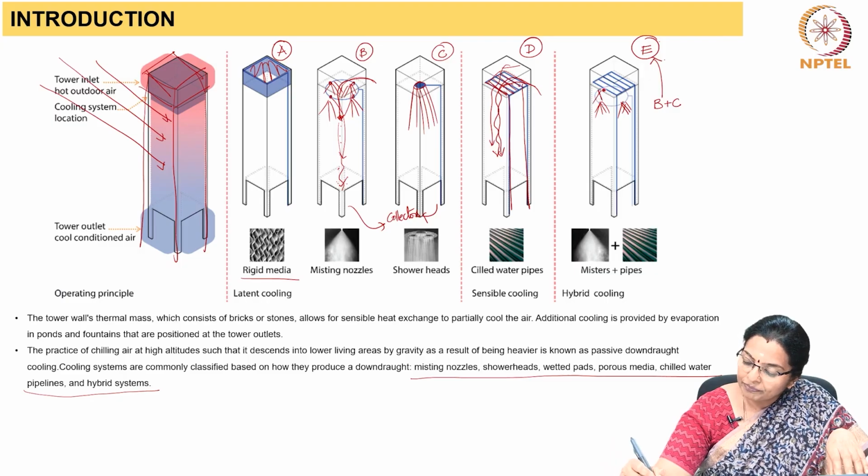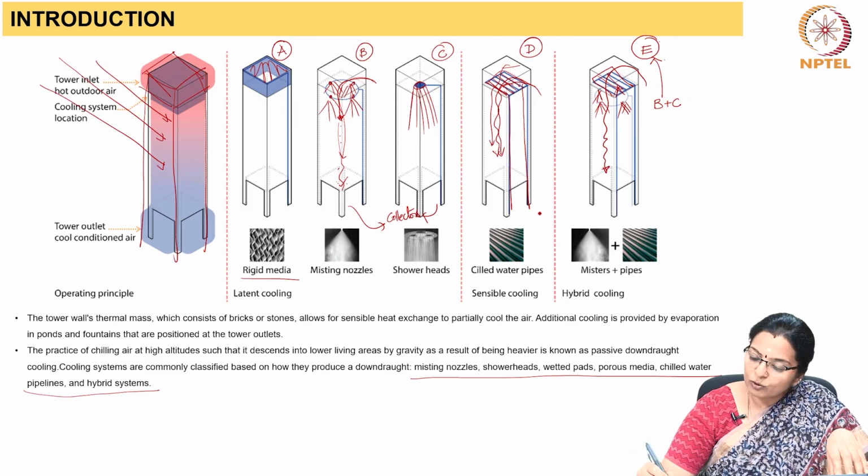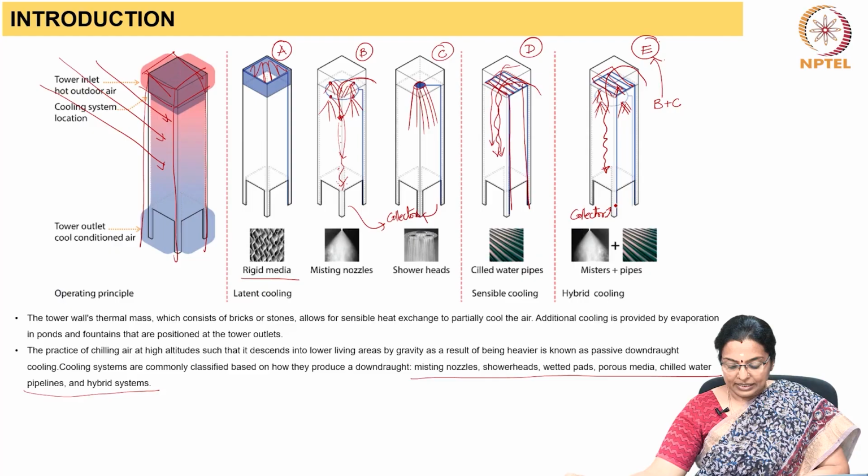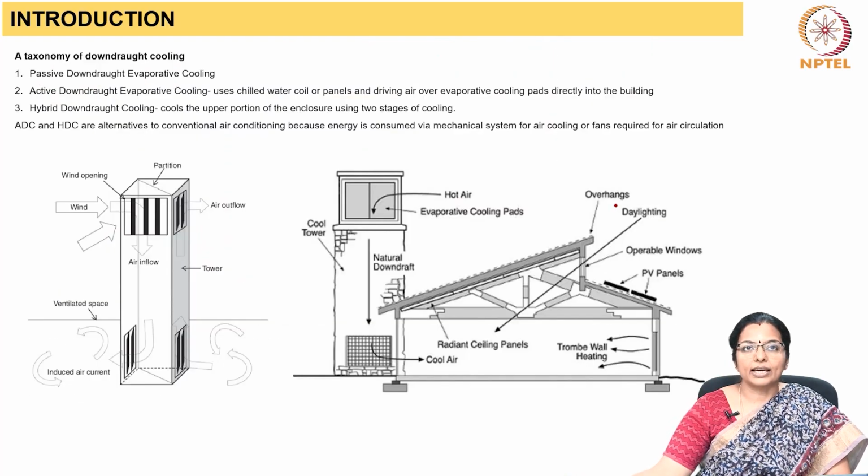So we have the misters as well as the chilled pipe system. So when air flows through this, it becomes cooler. And of course there has to be a collector in this case below. This is the working of a PDEC.